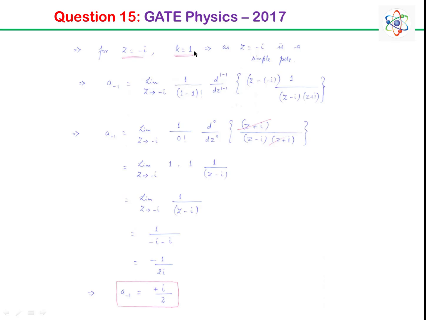This k is 1 because the power of z over here is 1. That is why z equals plus i and minus i are simple poles.